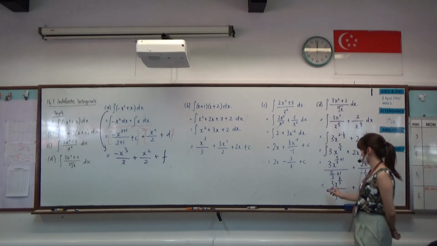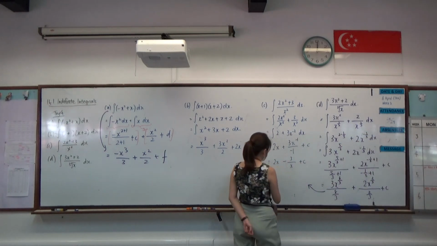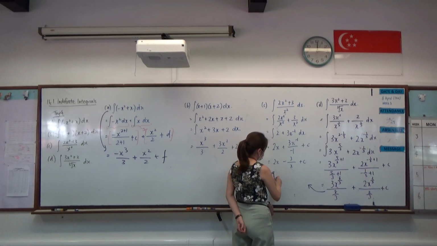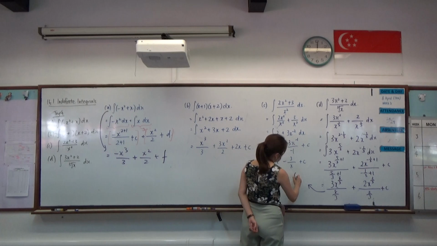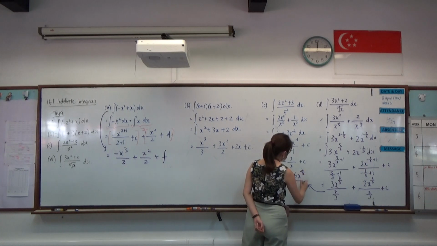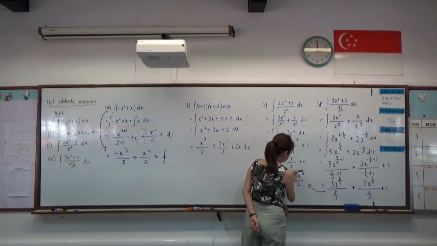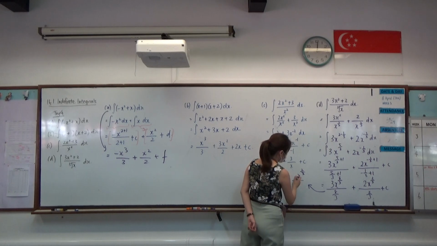Okay, simplify it. Get 9x to the power of 8 over 3 over 8 plus 6x to the power of 2 over 3 over 2.